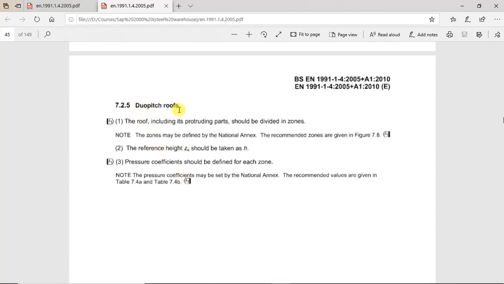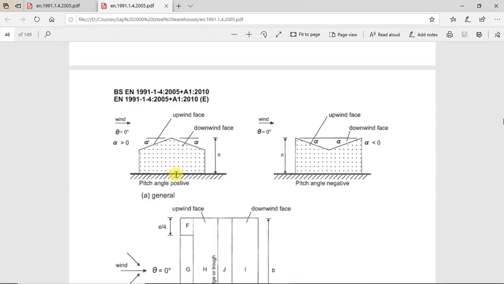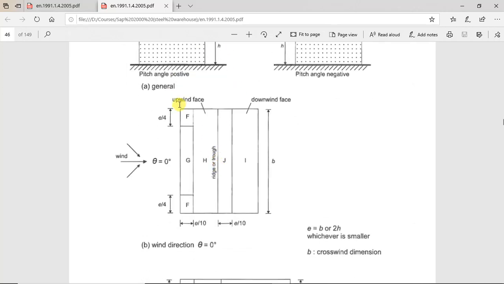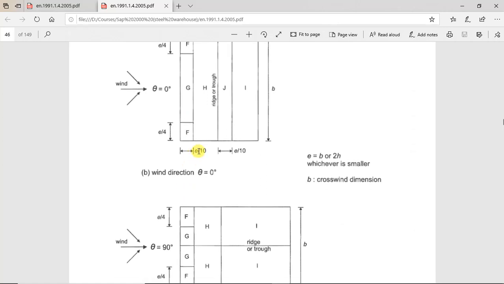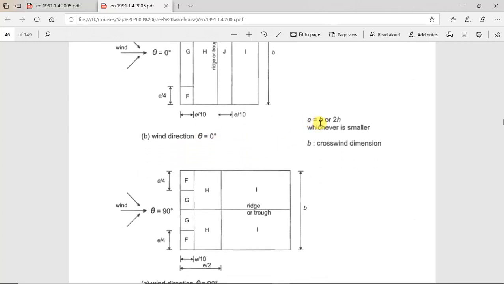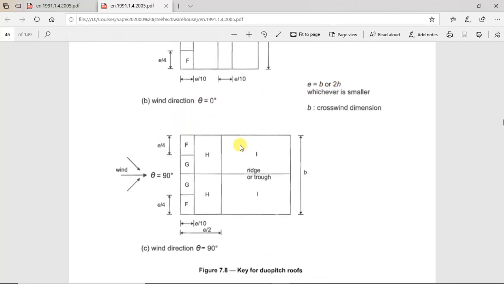For dual pitch roofs, this shape, the shape of the warehouse, upwind face, downwind face, upwind face, F, G, F, H, J, I, downwind face, upwind face, E divided by 4, angle is 0, so wind X, E divided by 10 and E divided by 10 here, wind direction, angle is 0, and E is the minimum of B or 2H.